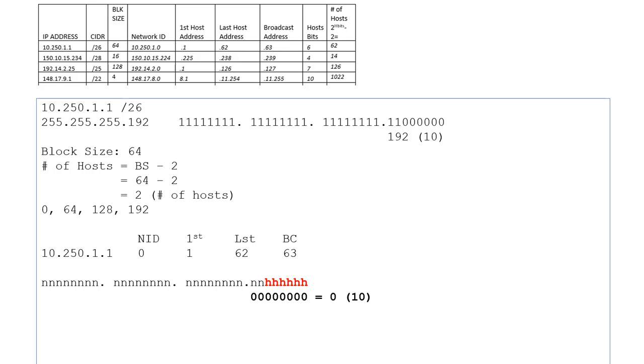And that's our network ID. Then our first host address is going to be the zeros with a 1, okay, let's jump to broadcast. So 00, because that's our block, that's the network ID portion here.